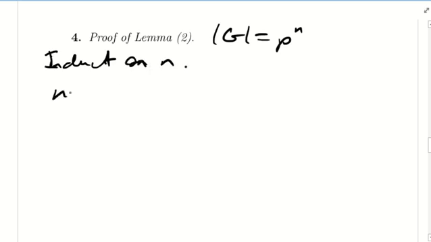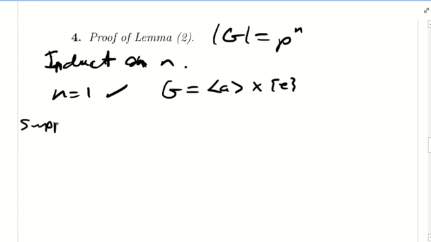Well, if n is 1, then G is cyclic itself, so I don't need to worry about it. You could take the cyclic subgroup generated by any element that is not the identity, and G would be this internal direct product, right?